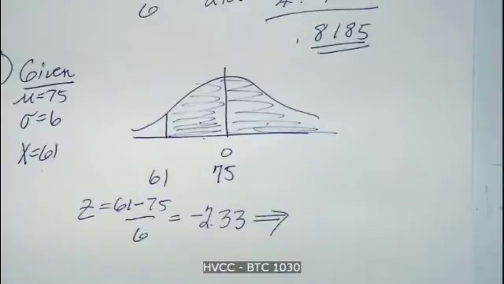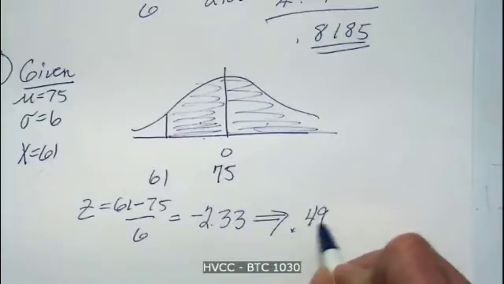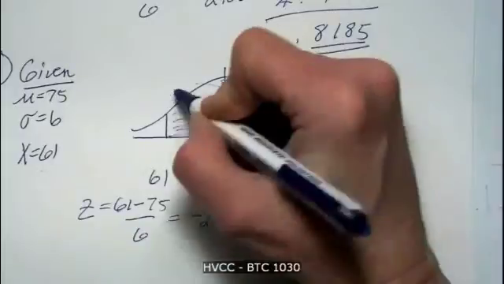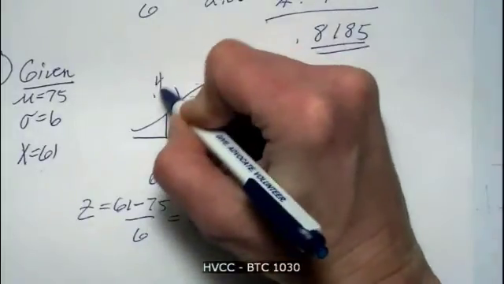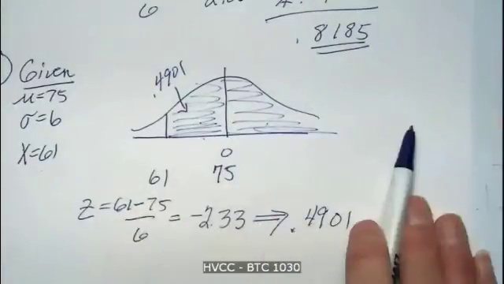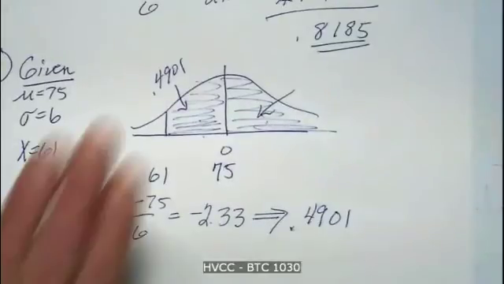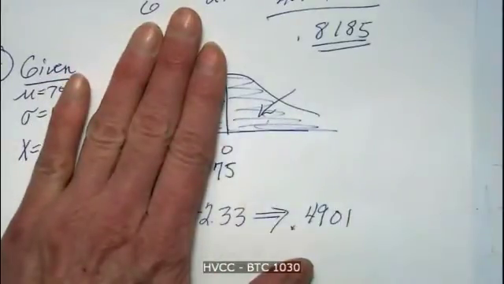What'd you get? I hope 0.4901. So that's this area. However, I said anything over 61. So what's the probability of getting 75 or over?